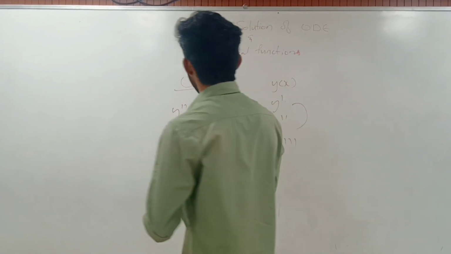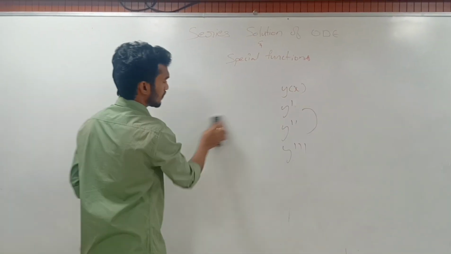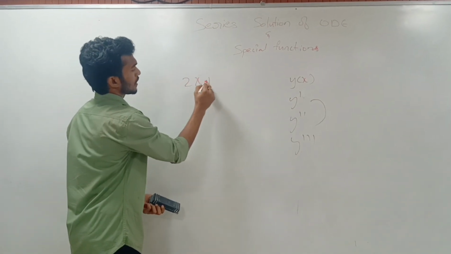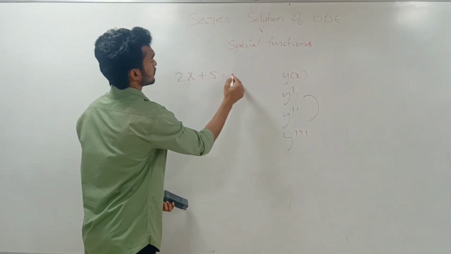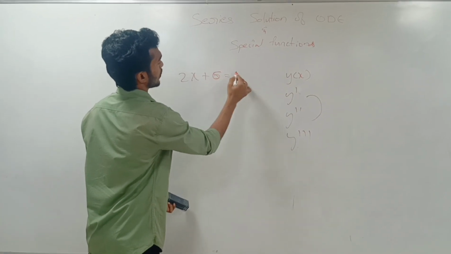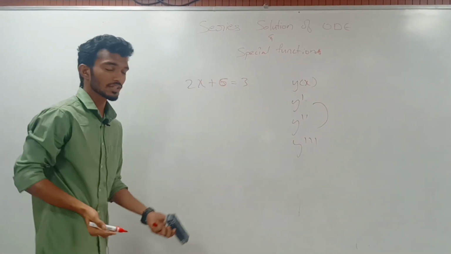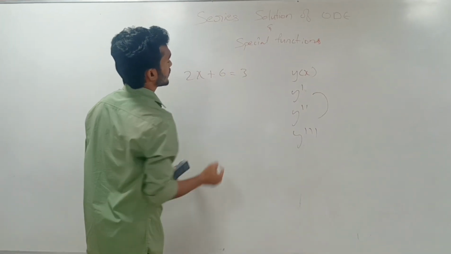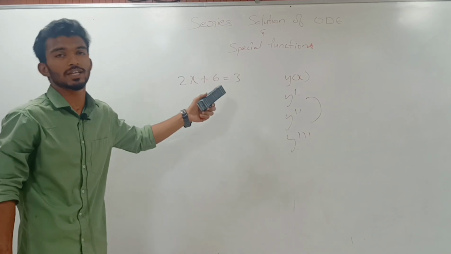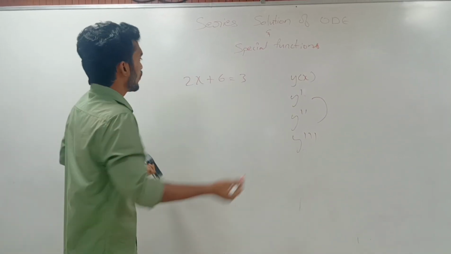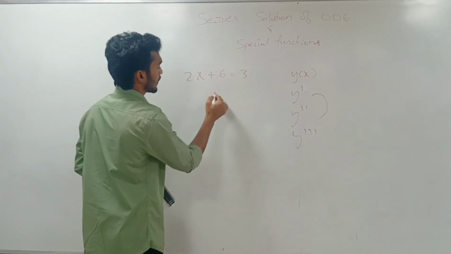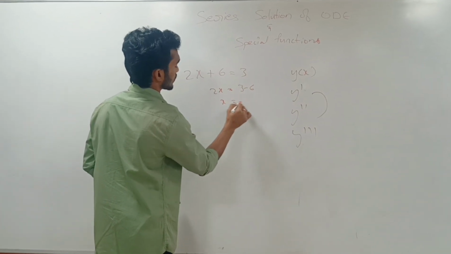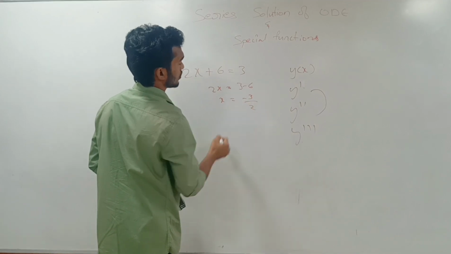See, guys, before going to know the solution of an ordinary differential equation, let us assume 2x plus 5 equal to 2x plus 6 equal to 3. Okay? This is a linear equation in variable x, right? So what we used to do to find the value of x, we do 2x equal to 3 minus 6, that is x equal to minus 3 by 2.